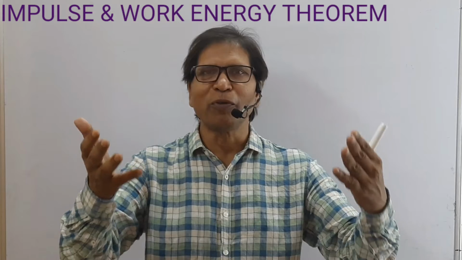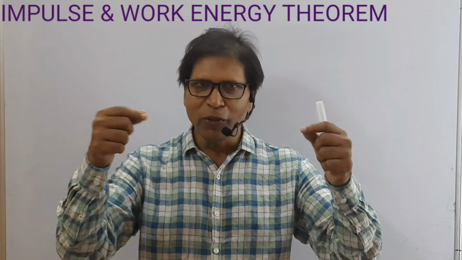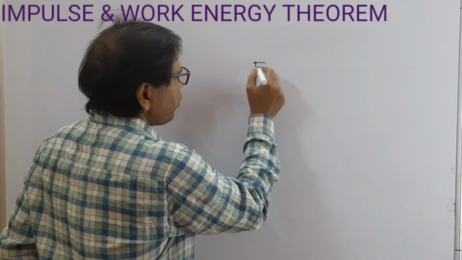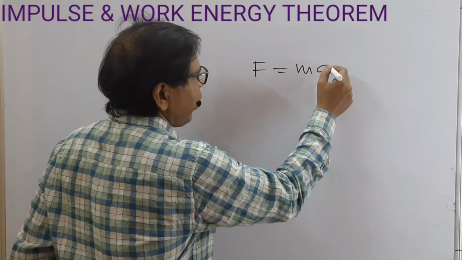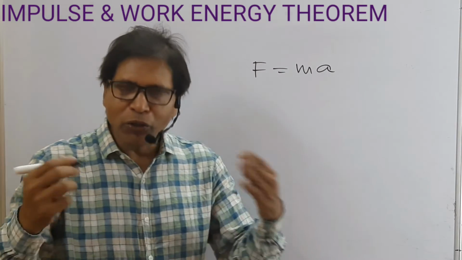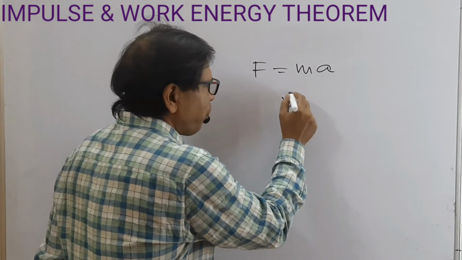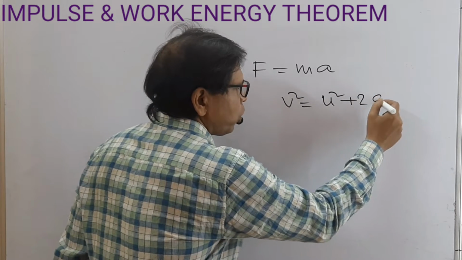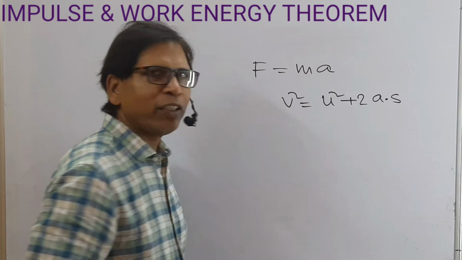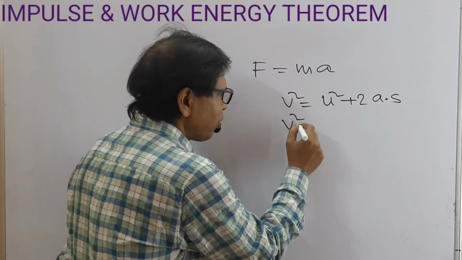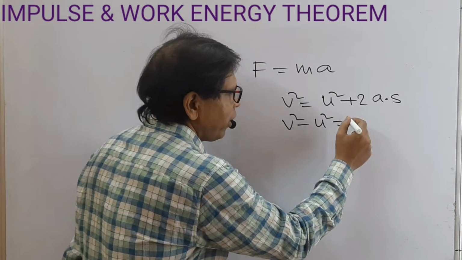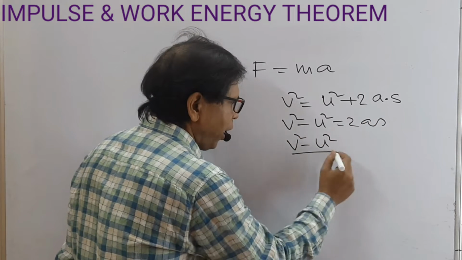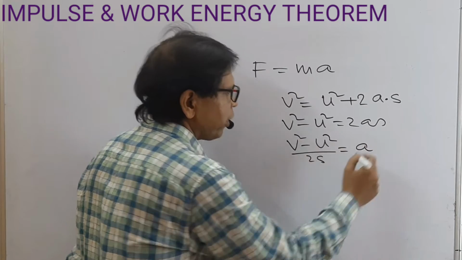The derivation of the work energy theorem from Newton's second law of motion. Now look at this. We know the force F equals mass into acceleration. We also know the square of final velocity equals the square of initial velocity plus 2 into acceleration into displacement. Now from here, v square minus u square equals 2as. So v square minus u square by 2s equals a.